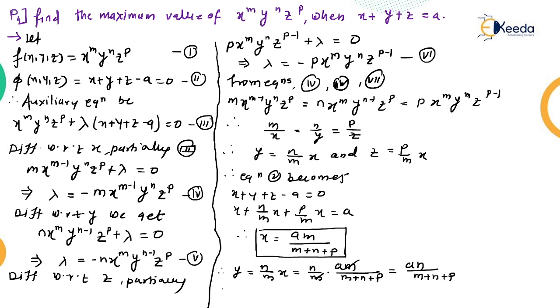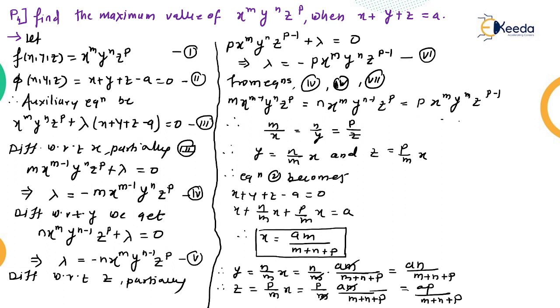Also z is p divided by m into x, which is am divided by m plus n plus p, so terms cancel and z is ap divided by m plus n plus p.